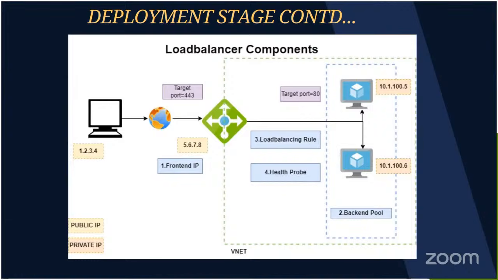But if a query is sent and the VM fails to respond, it's probably that the VM has failed or the NGINX server is not running. So it provides a way to prevent users from hitting a failed server. So that's the whole thing. For the backend pool, this is where we have the majority of our resources. So I'll be moving to the next slide.